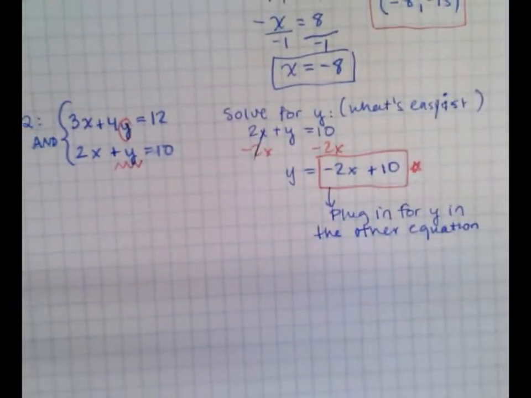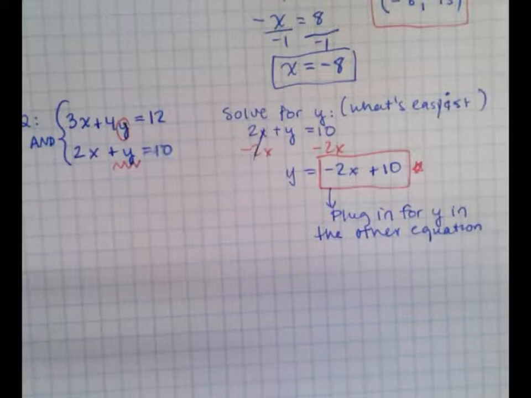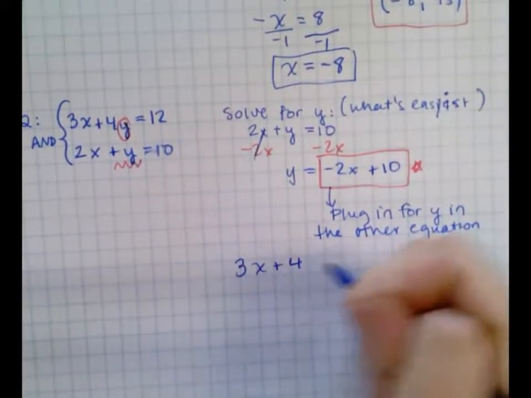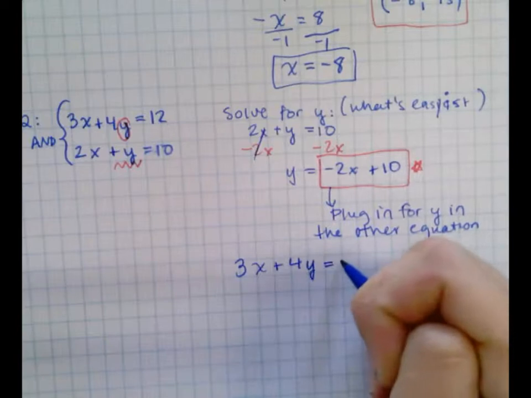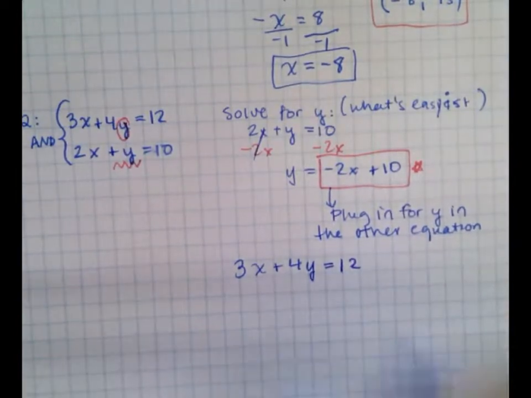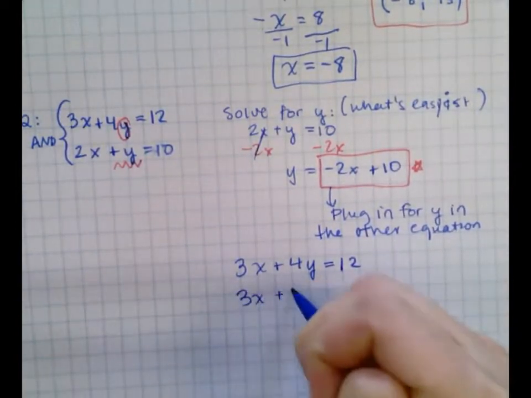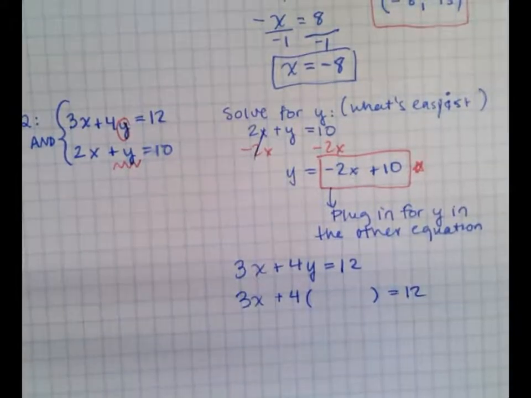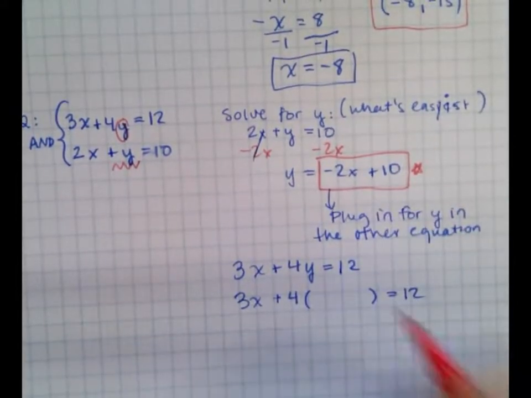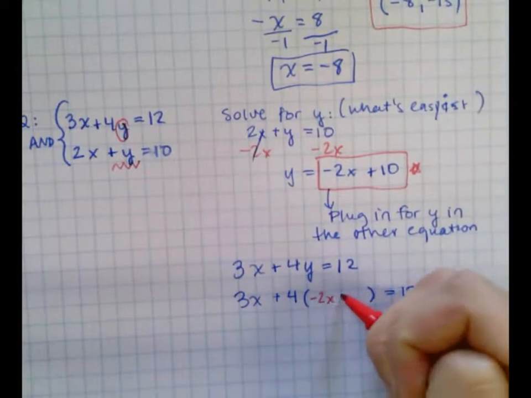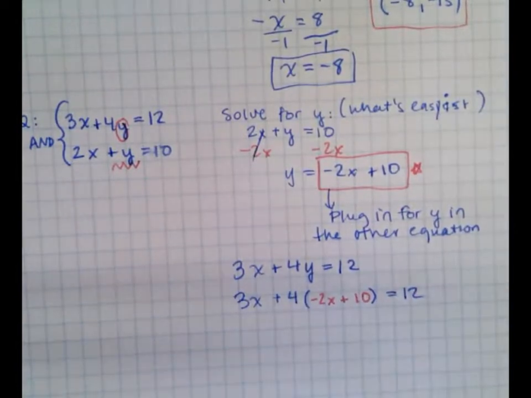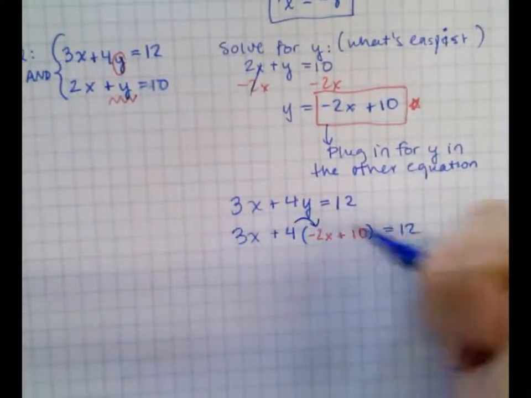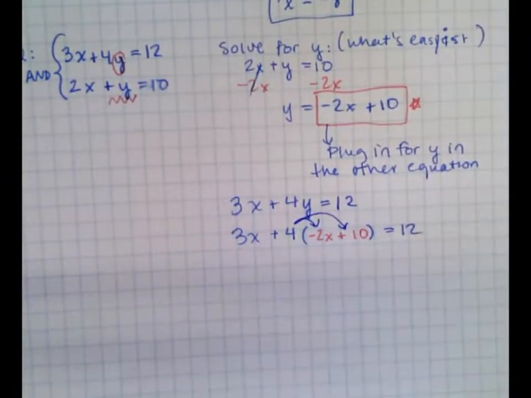So now we're going to plug in for y in the other equation. What this looks like is I take my 3x plus 4y is equal to 12, and I'm going to replace the y with what I've boxed here, so that's negative 2x plus 10. From here, I can solve this like I would a normal one variable equation.